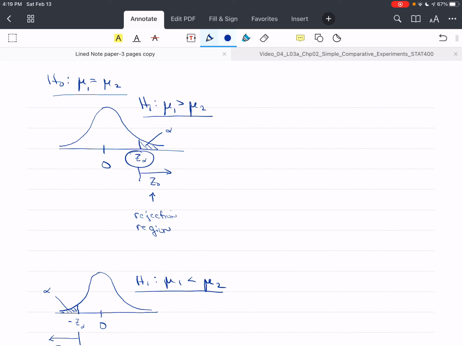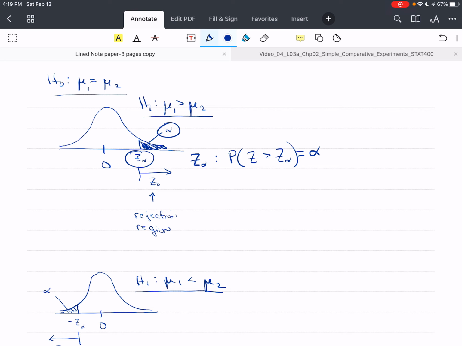So we like small alpha. If we're using a small alpha, which is reasonable, then z sub alpha would be positive. And z sub alpha is the value such that the probability that z is greater than z sub alpha is equal to alpha. So the probability, or area, to the right of z sub alpha is alpha.